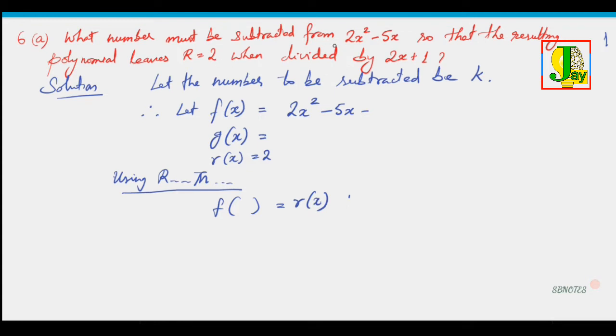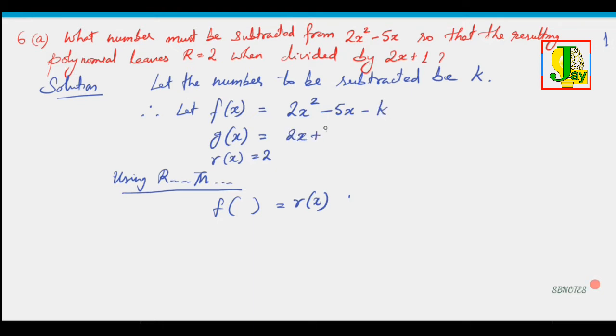So if we divide the expression after subtracting the number by 2x plus 1, then we get the remainder 2. So in that case we have to subtract something from this expression.